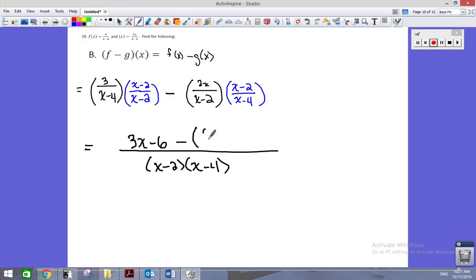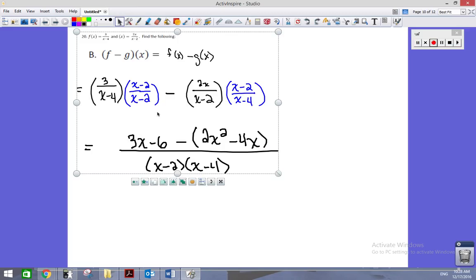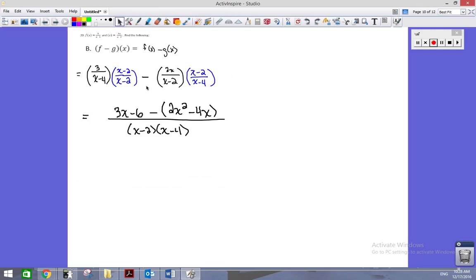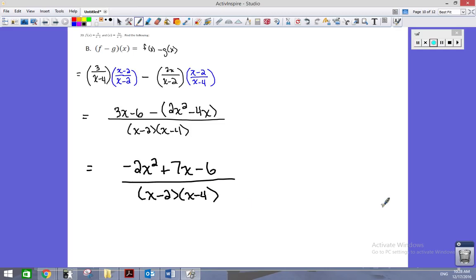So I've got 2x squared minus 4x. See, last time that was addition and the parenthesis wasn't important at all, but this time it is. So I have negative 2x squared. The double negative here becomes positive, and I've got 7x minus 6 all over x minus 2 and x minus 4. So there's my answer for part B.